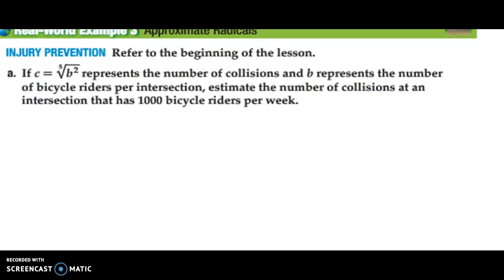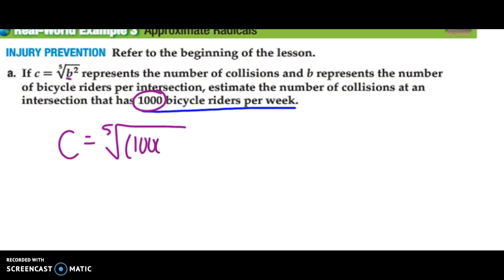Last problem, example 3. This is a real world problem. It says if c is equal to the fifth root of b squared, representing the number of collisions, and b represents the number of bicycle riders per intersection, estimate the number of collisions at an intersection that has 1,000 bicycle riders per week. So what that's saying is that 1,000 is actually our b value. So our collisions are going to be equal to the fifth root of 1,000 squared.